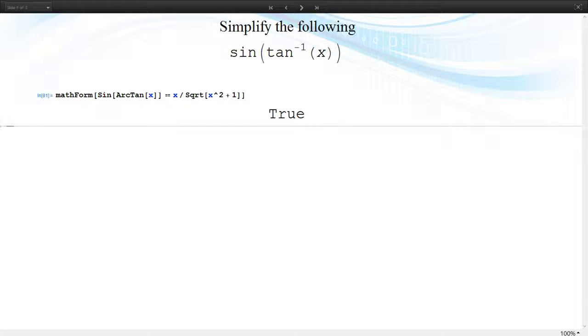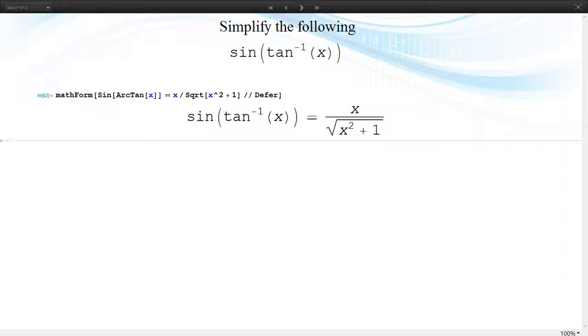And I guess our Mathematica wants to tell us that that is a true statement. There we go. So that's our first problem down.